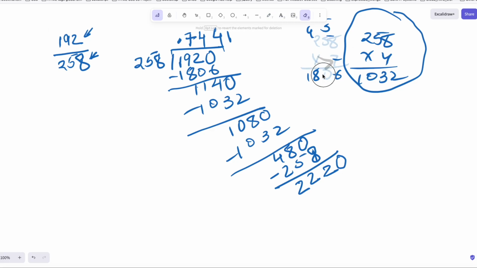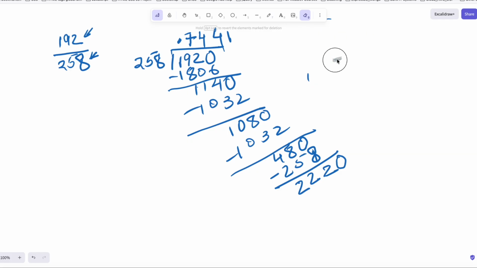Well, you can do that by just trying some numbers. You know that 258 will go at least, I don't know, it went 7 times here. You notice here, take a hint from your previous steps, right? So don't try to reinvent and find the number from scratch. Try to see if you already know the ballpark number, the approximate number that you can use here.